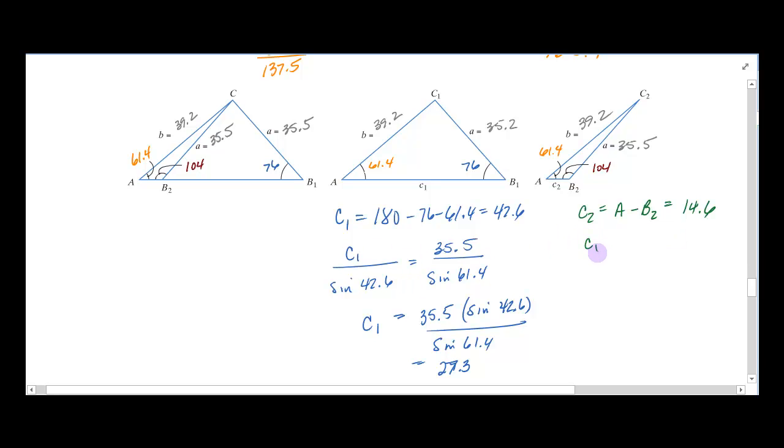So when I want to know side C2, I'm going to divide that by the sine of C2, which is 14.6, and we'll just use this same ratio for A's, 35.5 divided by the sine of 61.4, and we find out that C2 is equal to 10.2.